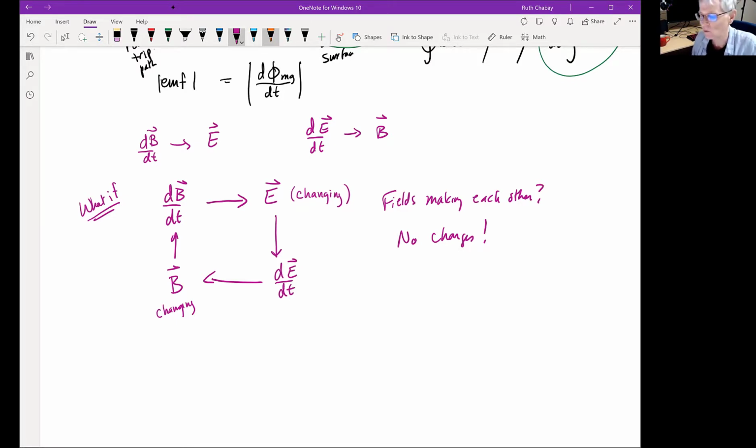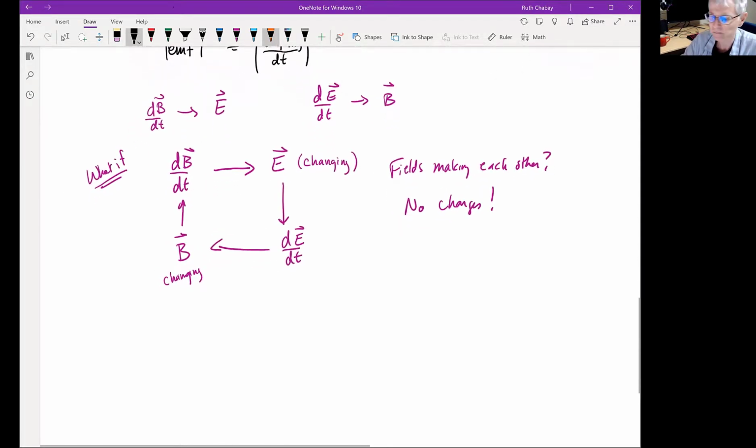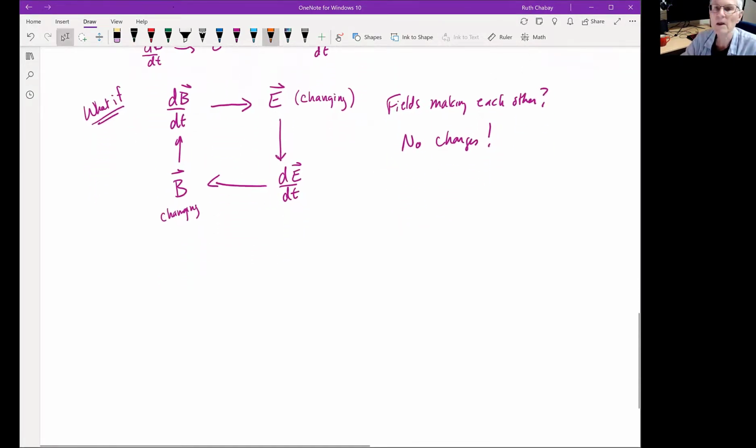But what we need is to find an arrangement of E and B that doesn't violate Maxwell's equations. And so we're going to propose one today that's going to work, okay? Not every configuration works, but we're going to propose a possible configuration of fields and show that it satisfies Maxwell's equations and that these fields can just keep each other going forever.